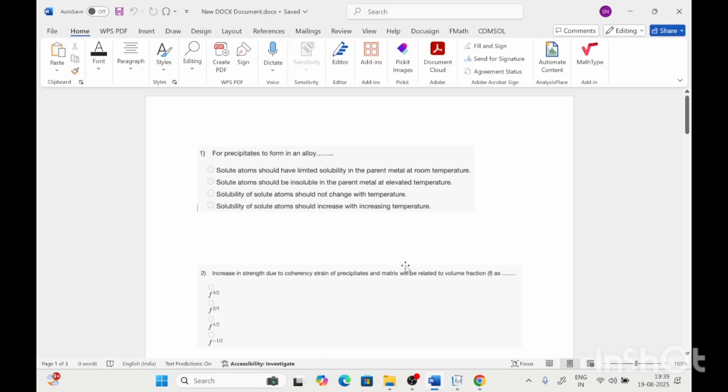Yes, ma'am. Okay, so first question says, for precipitates to form in an alloy, what should the solute atom solubility be? First option says it should have limited solubility in the parent metal at room temperature. It should be insoluble in the parent metal at elevated temperature. Should not change with temperature or should increase with increasing temperature.